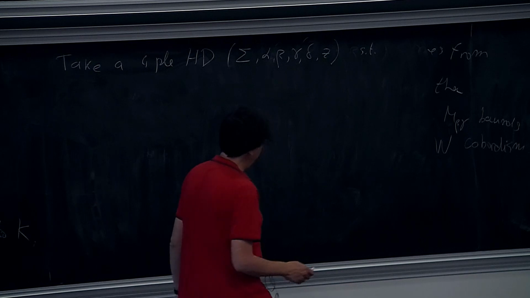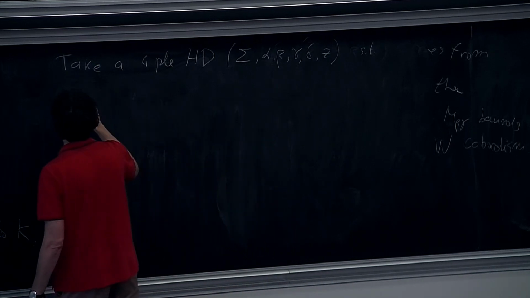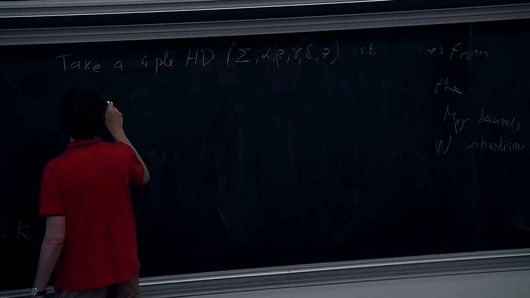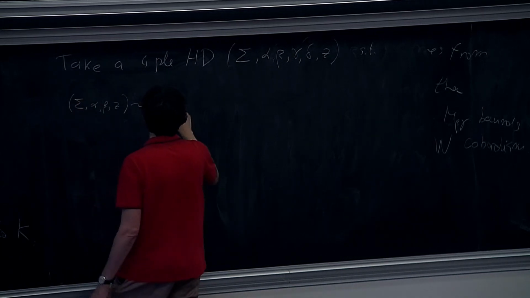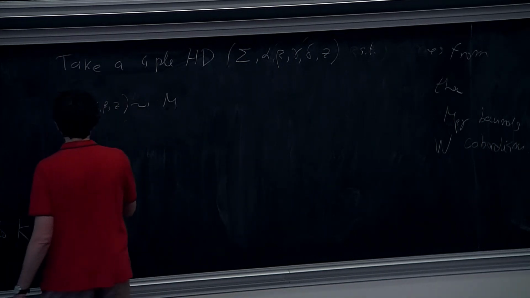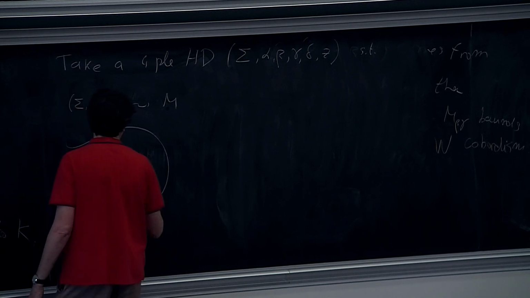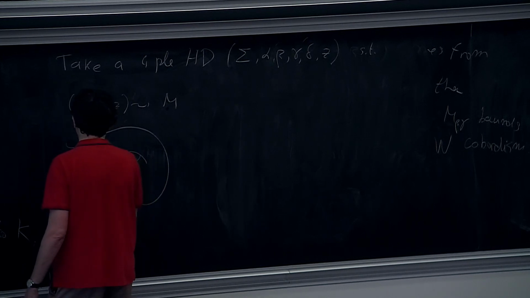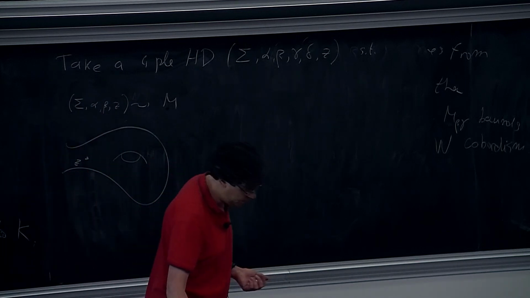The properties are that sigma, alpha, beta produce your original manifold M. Then you also have the following: a portion of the diagram that works like this.